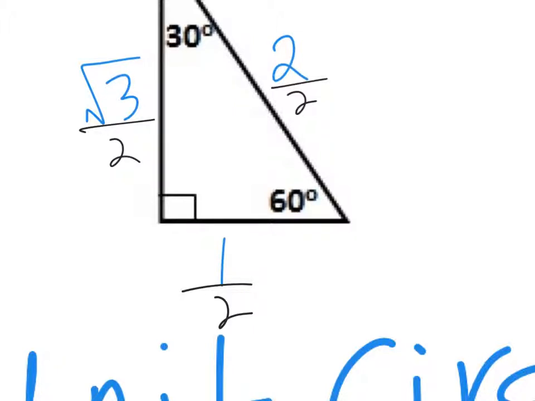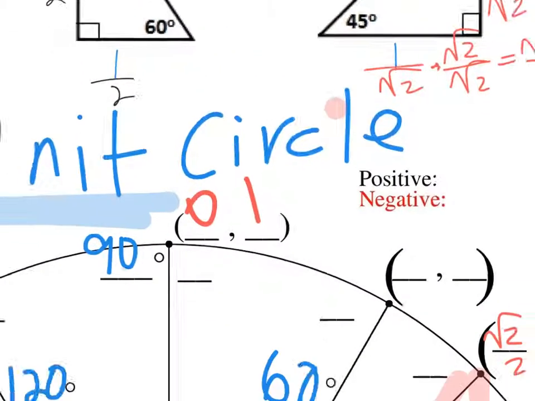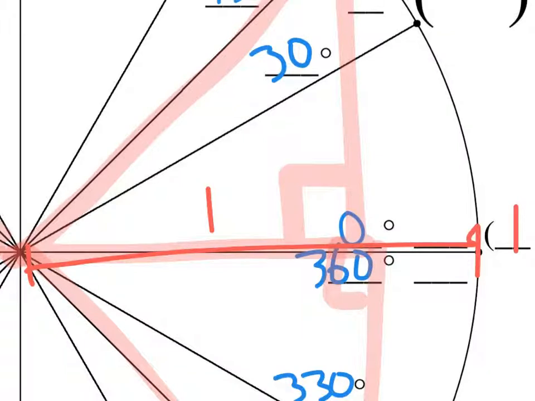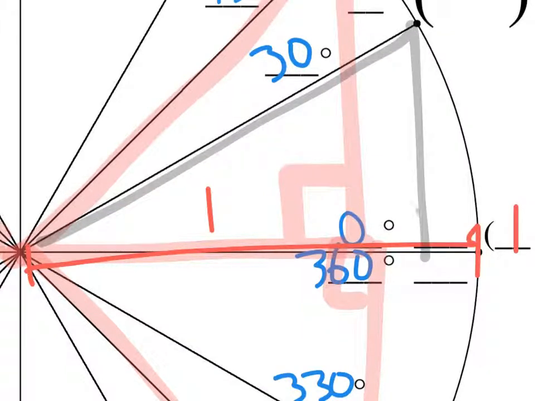Now, ask yourself, which one is longer? 1/2 or square root 3 over 2? Square root 3 over 2, right? You can already tell that that side is longer, right? So when you look at these special triangles, you're going to ask yourself, which side is longer? Okay, so this is going to be 30 degrees because it says 30.